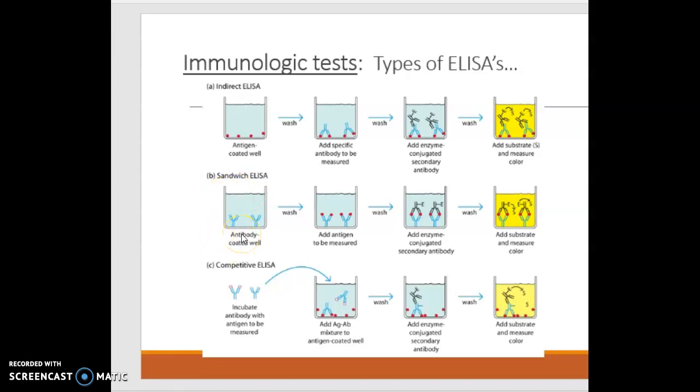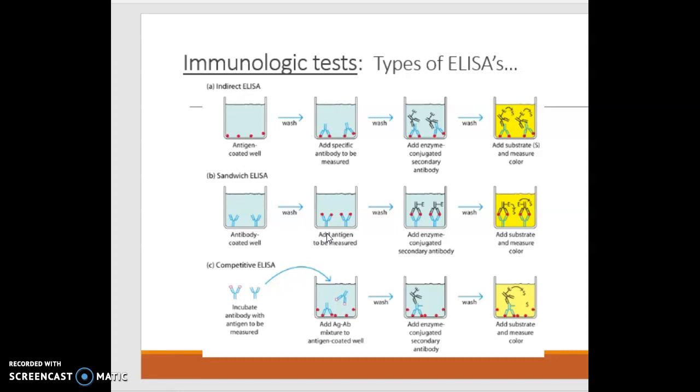So these antibodies are coated on the well. A sample containing antigen is added and allowed to react with the bound antibody. After the well is washed, a second enzyme-linked antibody specific for a different epitope on the antigen is added and allowed to react with the bound antigen.